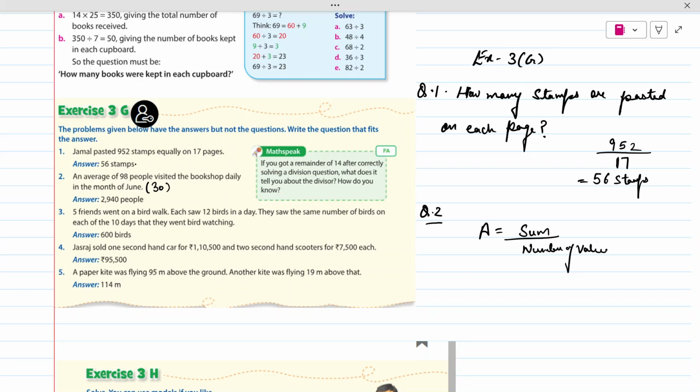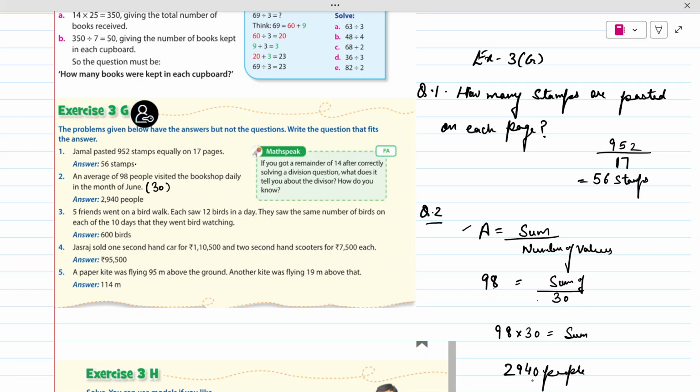Correct? So what is given to us as average? Average of 98 people. So 98 here, and then we are given the number of values, which is 30. If you multiply these two, 98 multiplied by 30, this will give us the sum of the values, which is nothing but the answer given to us, that is 2940 people.